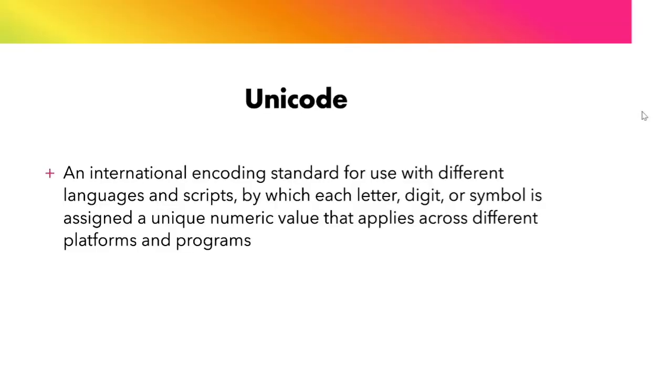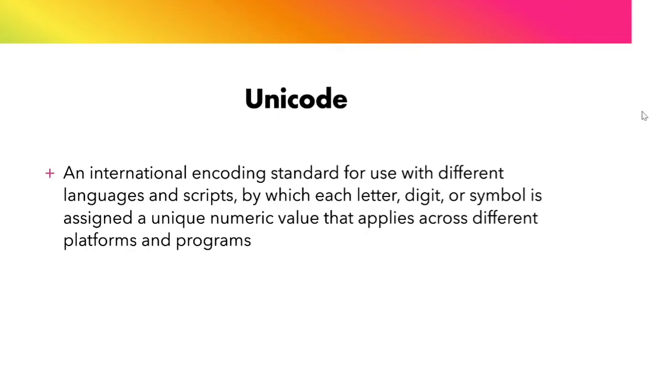So Unicodes are international encoding standards for use with the different languages and scripts, by which each letter, digit, or symbol is assigned a unique numeric value that applies across different platforms and programs. So what it is, in every language we have letters, digits and symbols, right?